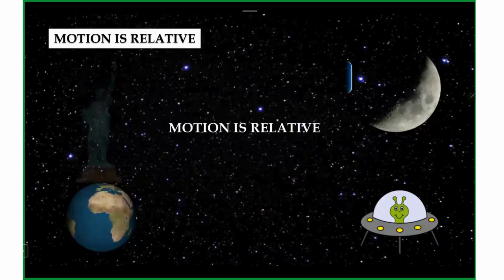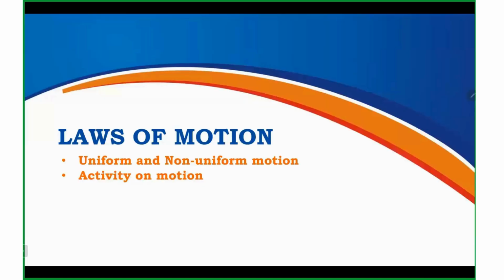Right now, no need to write all these things. Just understand them. What you need to write and understand precisely for your chapter is uniform and non-uniform motion. In your syllabus, we only have single dimension motion, that is, motion in one dimension.